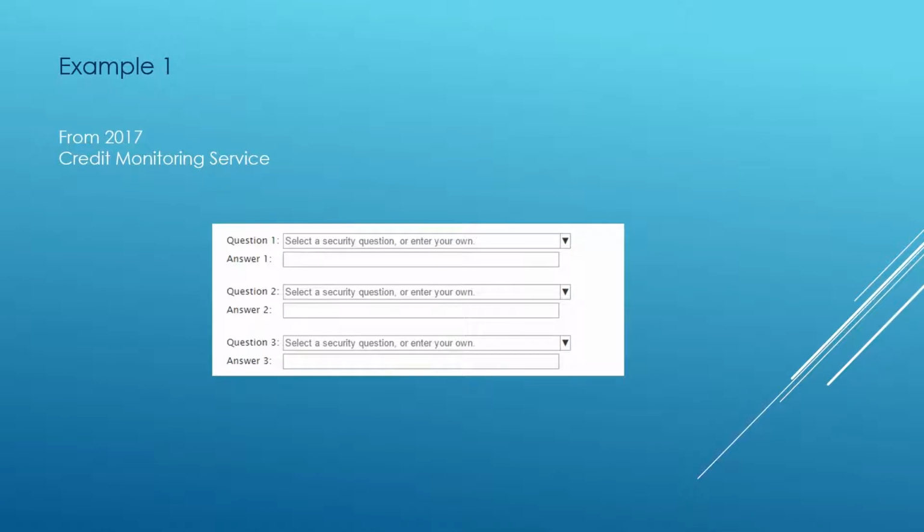This is a big red flag for me because I have used these same questions and answers on other websites, and this gentleman has access to my credit profile. It means he can use all this information and potentially reset passwords on other websites.